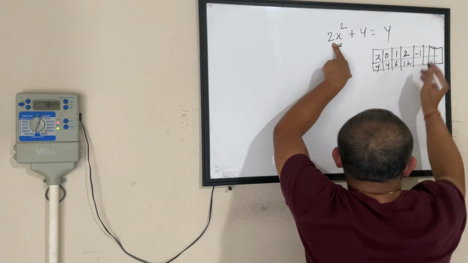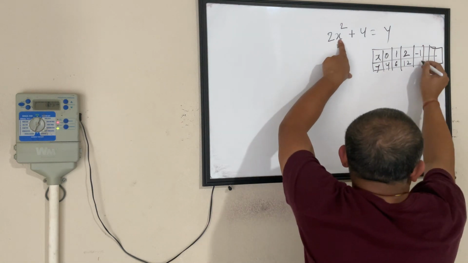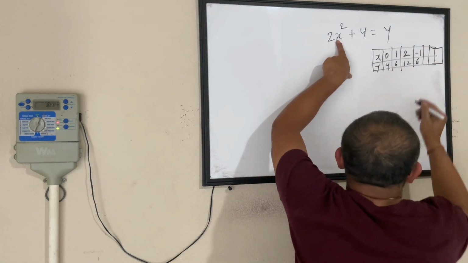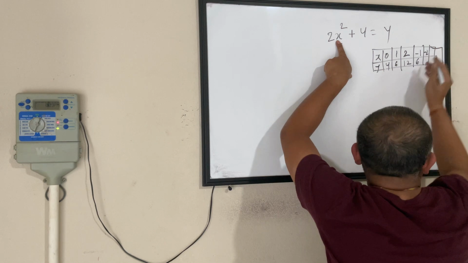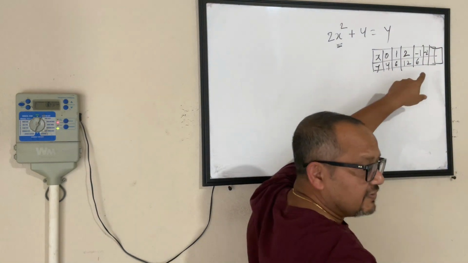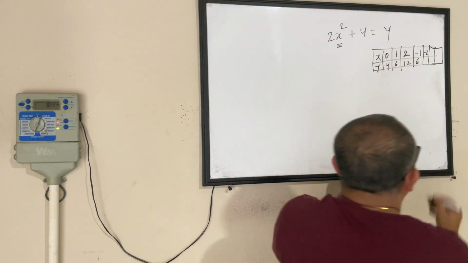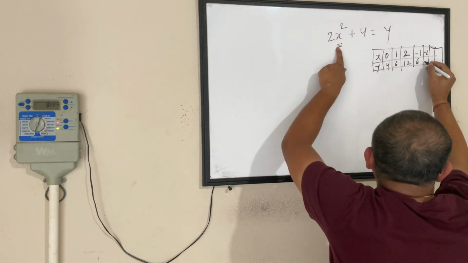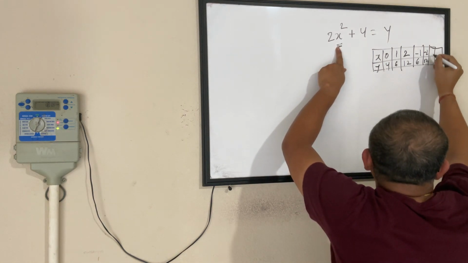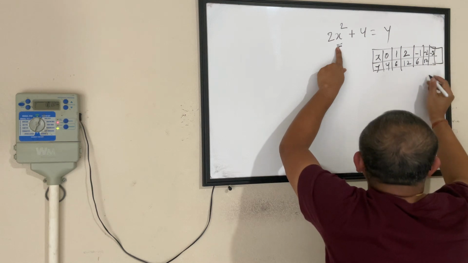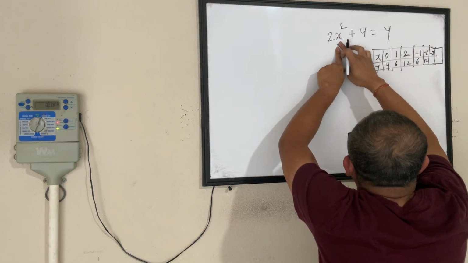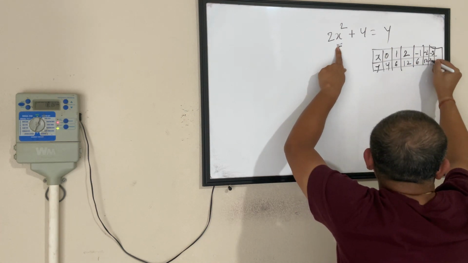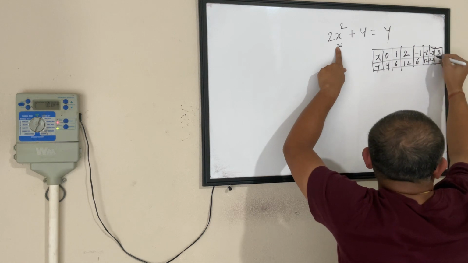When it's minus 1, this becomes the same thing, 6. When it's minus 2, I'm trying to repeat the same number with a different sign, it becomes the same thing, 12. When it's minus 3, it becomes 3 squared, 9, into 2, 18, plus 4, 22. And when it's plus 3, what happens?